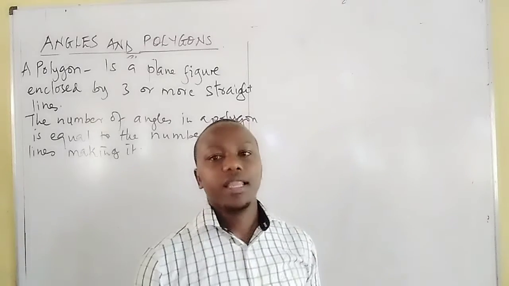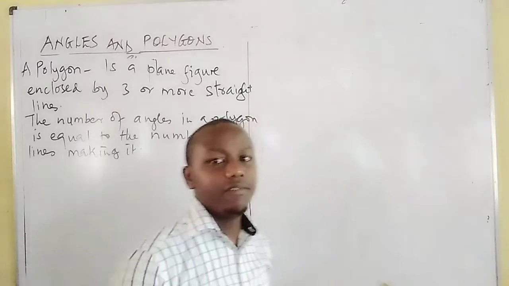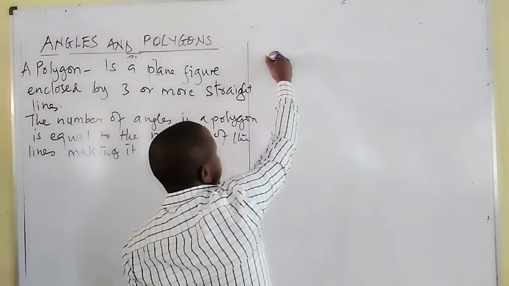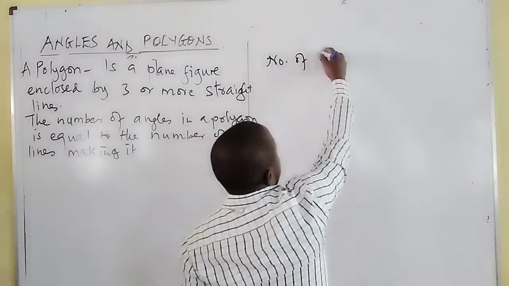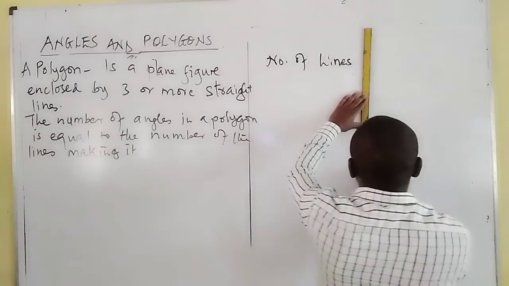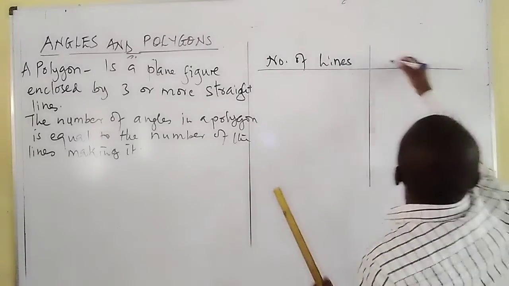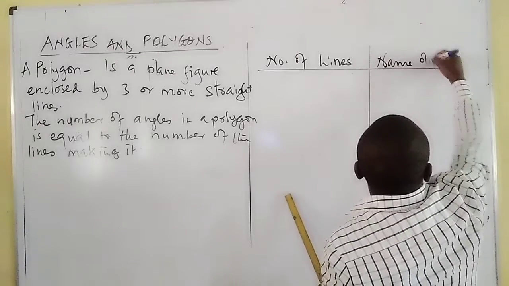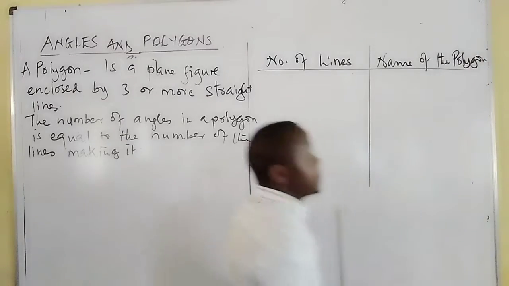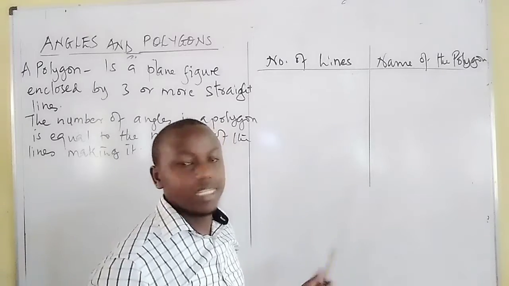polygon will possess. Therefore, the name of a polygon depends on the number of lines which are making it, and I will give a table of the number of lines making a polygon and the name of the polygon, which is named after that number of lines.